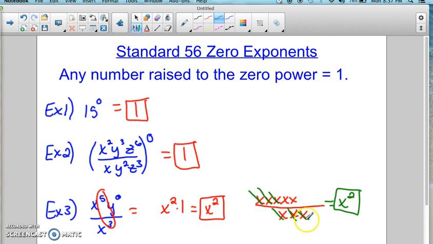Again, you get the same answer whether you expand or just subtract, as long as you remember that anything to the 0 power becomes a 1. In other words, a lot of times we don't even have to write it anymore.